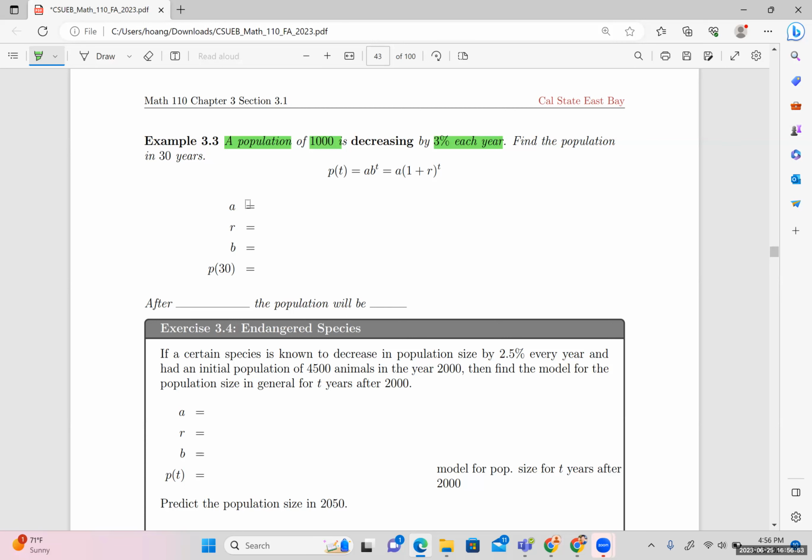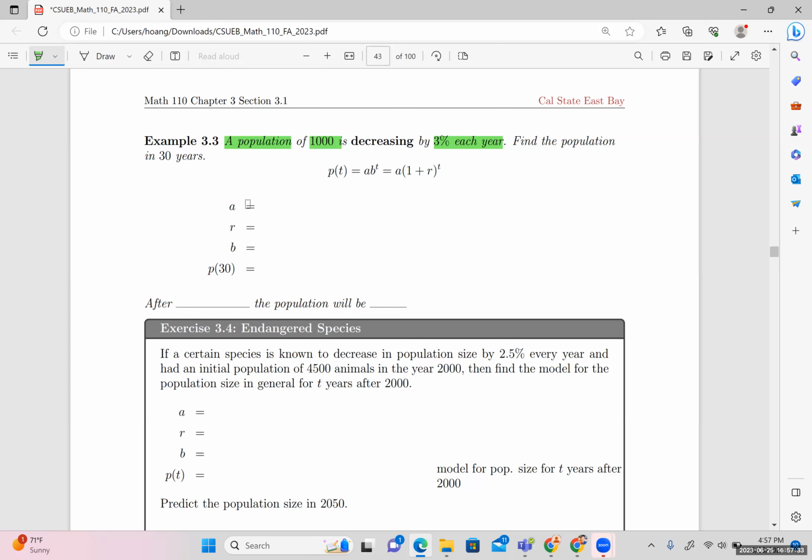Usually it could be some species in the red book already, where people or the environment have an effect and decrease the population. But normally populations are increasing. Anyway, just follow the formula given here: decreasing by 3% each year. Find the population in 30 years.